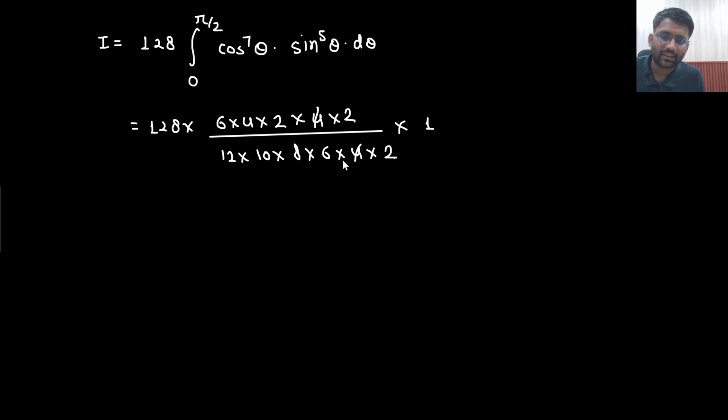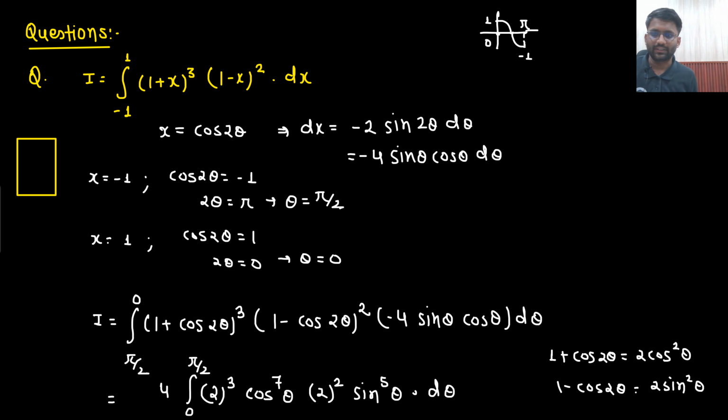4 and 4 are getting cancelled out, 6 and 6 are getting cancelled out, 4 into 2, 8 is getting cancelled out, and 2 is getting cancelled out. So 128 divided by 120. So 1.066, is that the answer? The answer is 16 by 15.